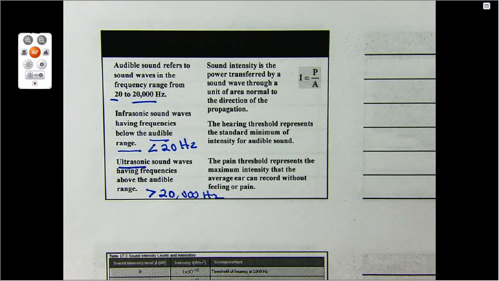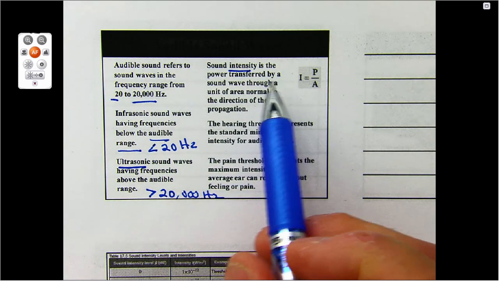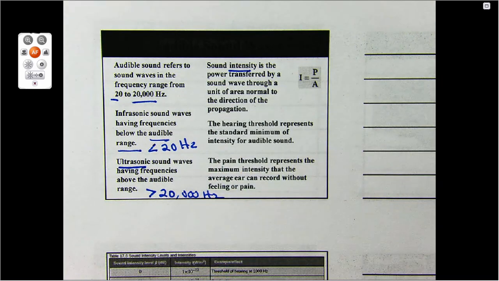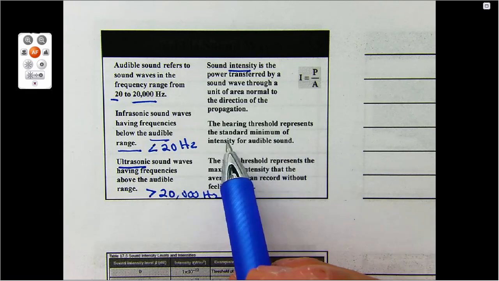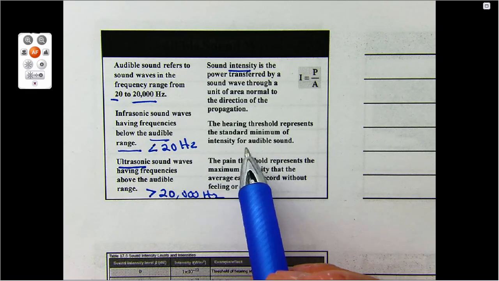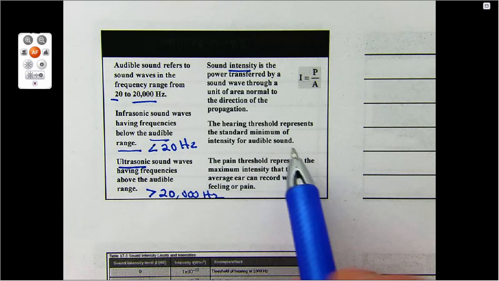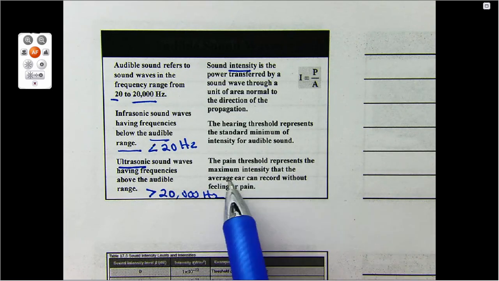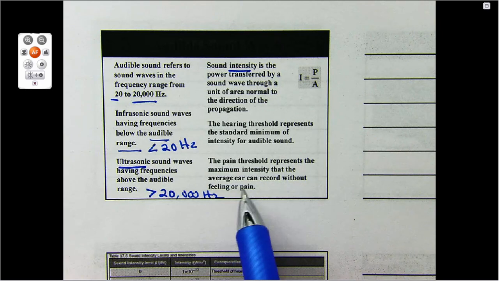But now intensity is the power transferred by a sound wave through a unit of area normal to the distance of propagation. The hearing threshold represents the standard minimum of intensity for audible sounds. We will talk about that at a later time. The pain threshold represents the maximum intensity that the average ear can record without feeling or pain.